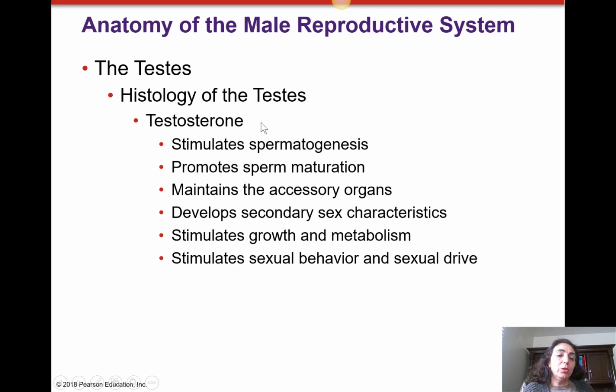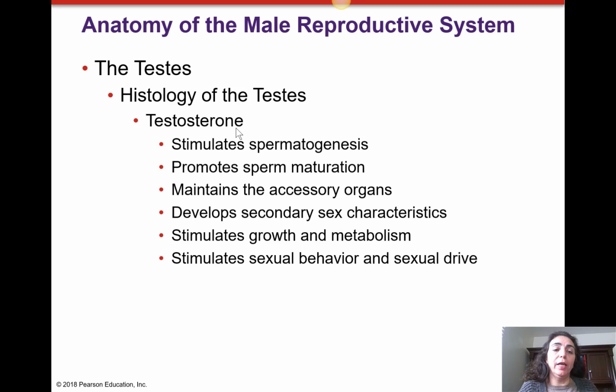So here you see that, as we discussed, we have the hormone that is produced inside of the testes, testosterone. Now let's see what the functions of testosterone are. Testosterone is not just a sex hormone.